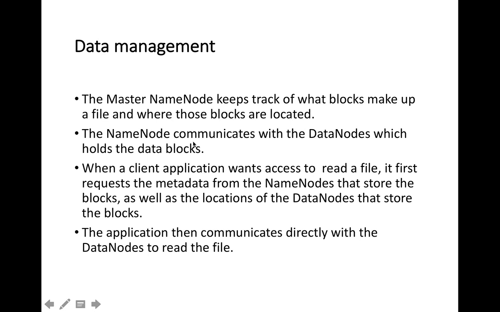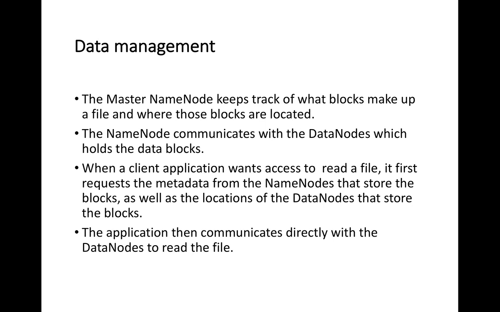Generally the name node communicates with the data nodes, which hold the data blocks. So when the client wants to read a file, it first requests the metadata from the name node. Say I communicate with the name node first.